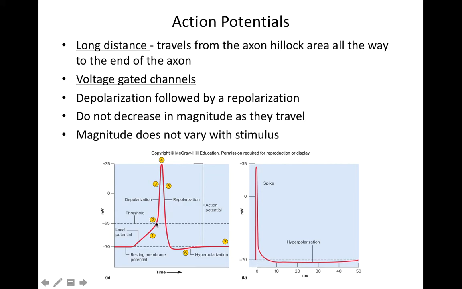If we do, we will get a very specific rise, depolarizing up to about +30, maybe +35, followed by a very specific period of repolarizing that's going to drop past threshold, and actually there's a small little area of hyperpolarizing, and then we end up back at resting membrane potential. Every single action potential looks exactly like this. There is no variation in them.